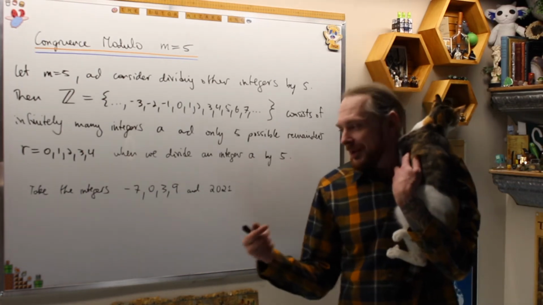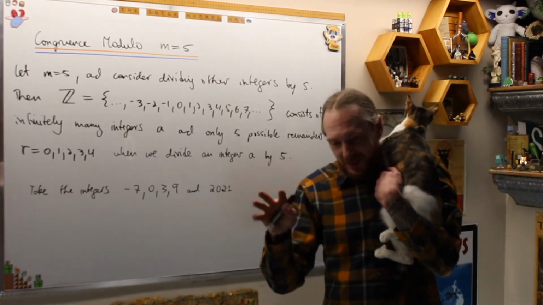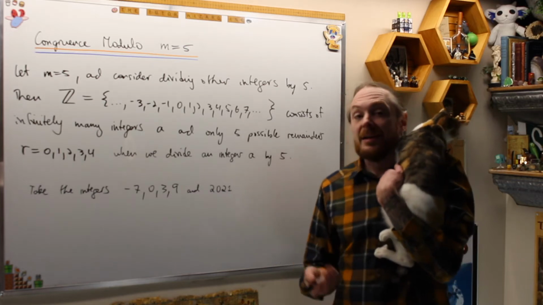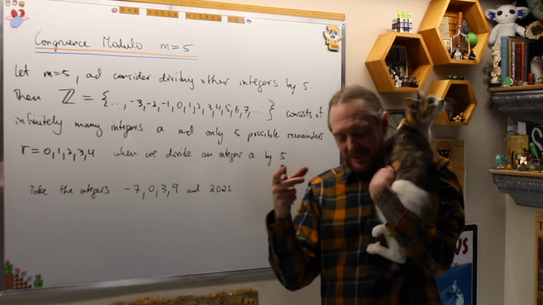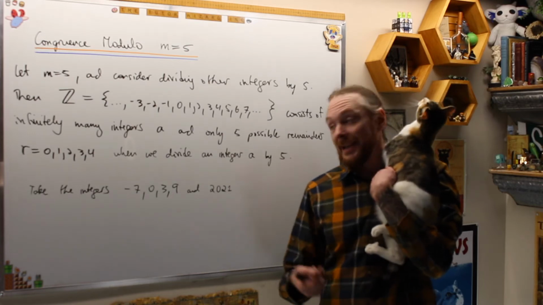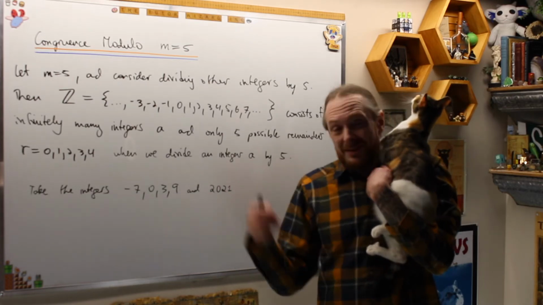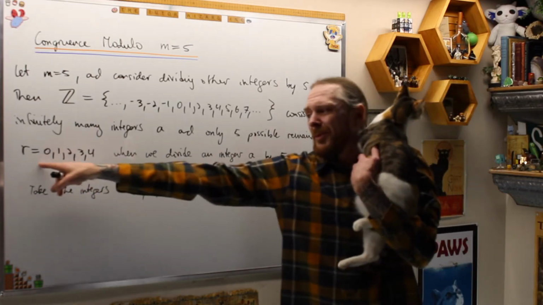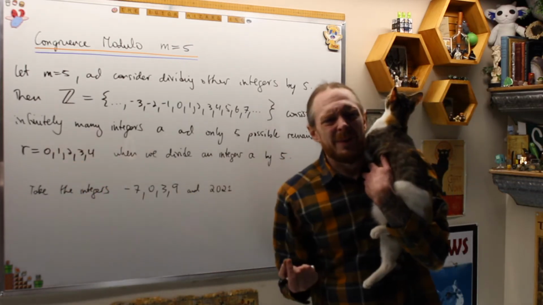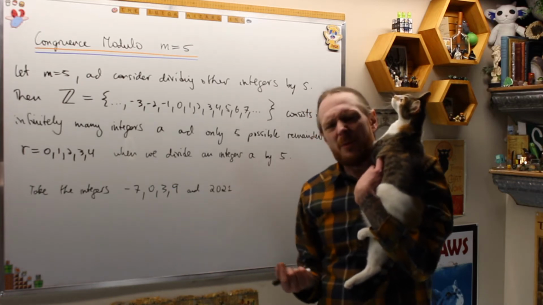In the next video, we're going to try to divide horribly large powers of some base by some modulus m and find out what the remainder is, and we're going to play this black magic witchcraft to get there. But regardless of how large the number is, when we divide by 5, there are only 5 remainders that we could leave: 0, 1, 2, 3, or 4.